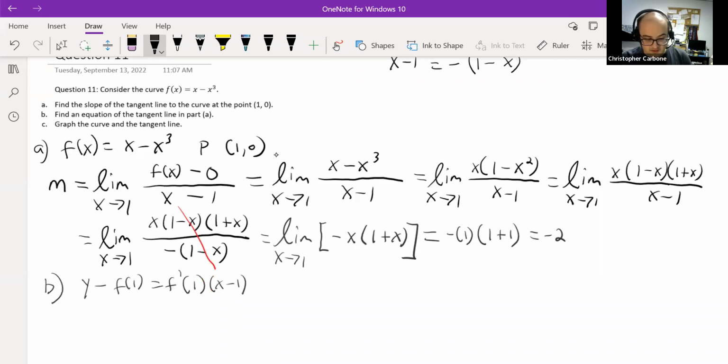So in our case, filling this in, y minus 0 is equal to negative 2 times x minus 1. Distributing in that negative 2, this should just be y is equal to negative 2x plus 2.